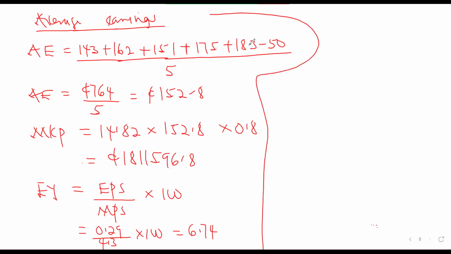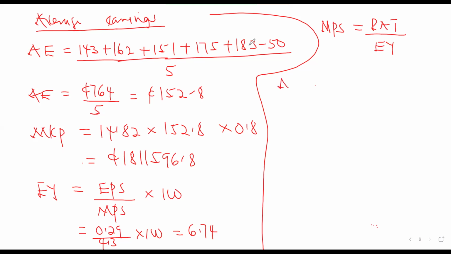If you come to the earnings yield, you can just use a simple earnings yield. How do you calculate market price under the earnings yield? The market value will be calculated as the profit after tax of them divided by the earnings yield. We are finding the total value, not value per share.